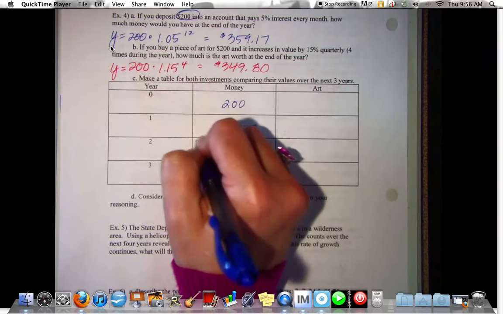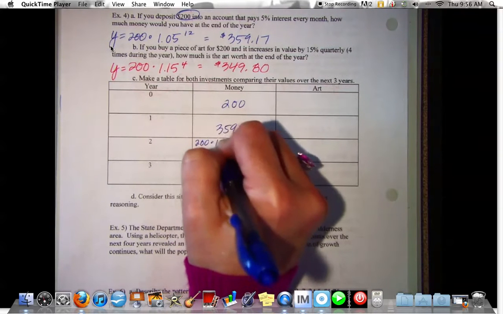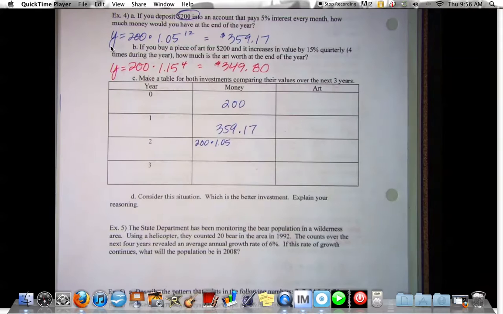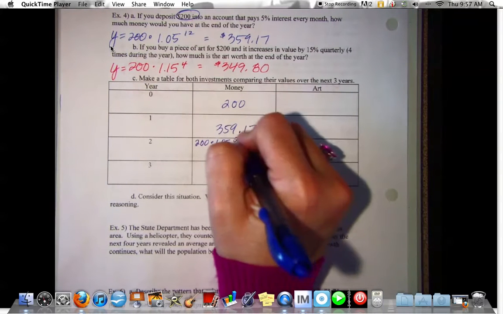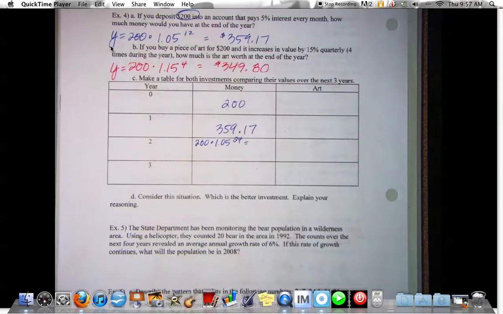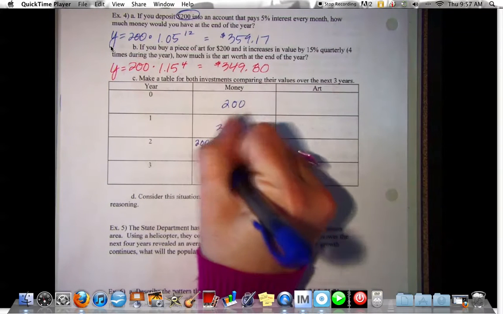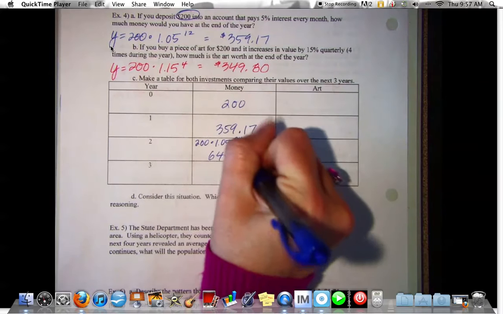We have 200 times 1.05, and we're going to raise it to what power? 24. Why 24? In 2 years is 24 months. Very good. So 200 times 1.05 to the 24th power gives us 645.02.